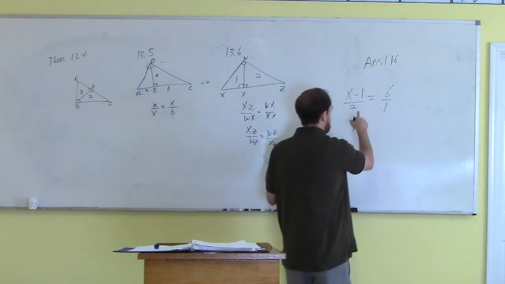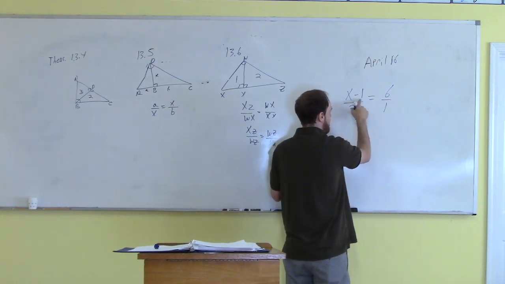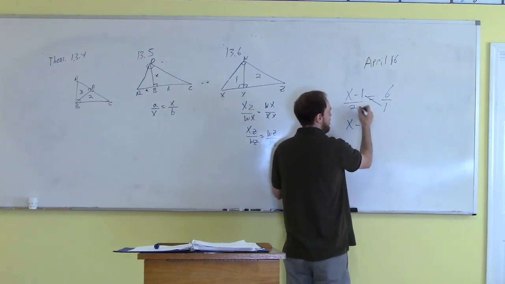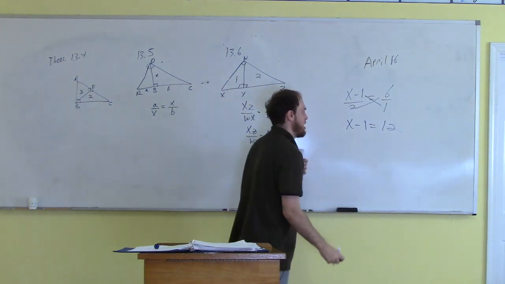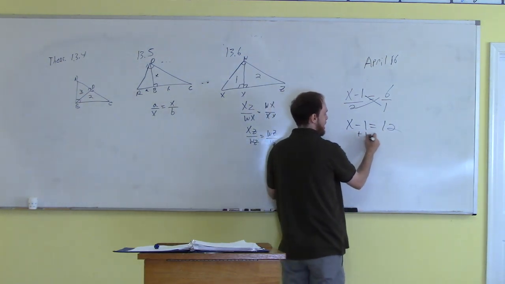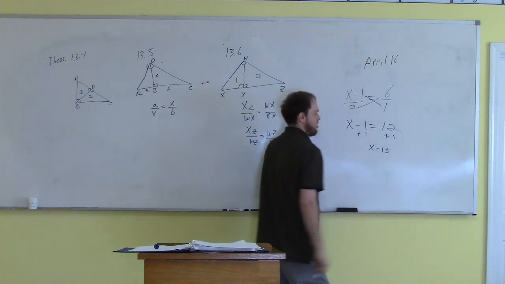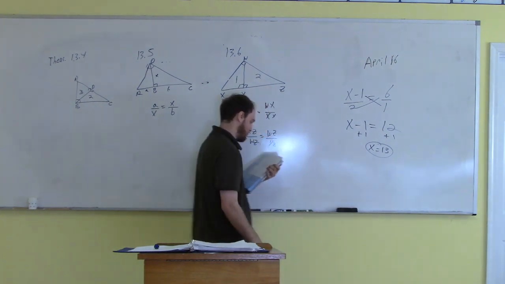So I'm going to do x minus 1 times 1, so that'll be x minus 1. And I'm going to do 2 times 6 equals 12. So then I'm just solving for x. I would add 1, and I would get x equals 13. So again, you're basically doing cross multiplication and solving for x at that point.